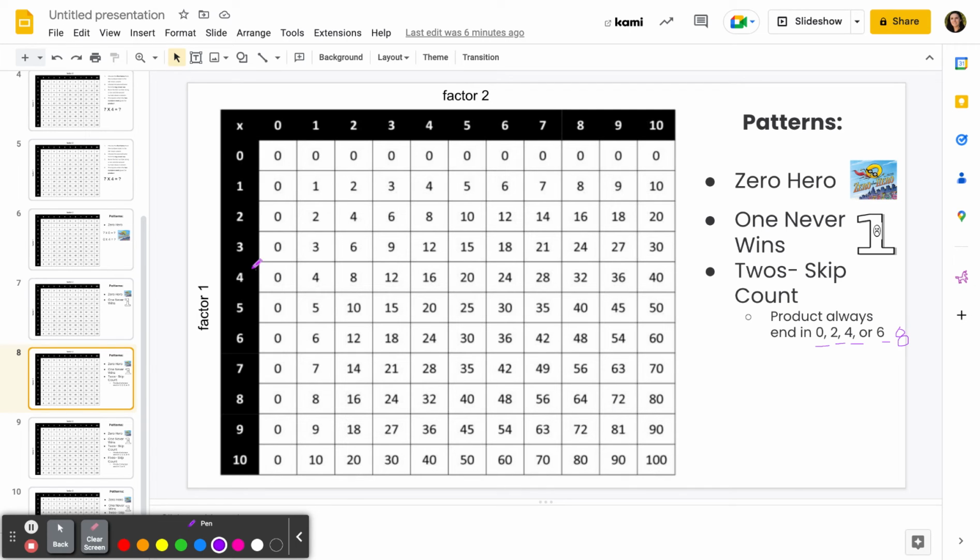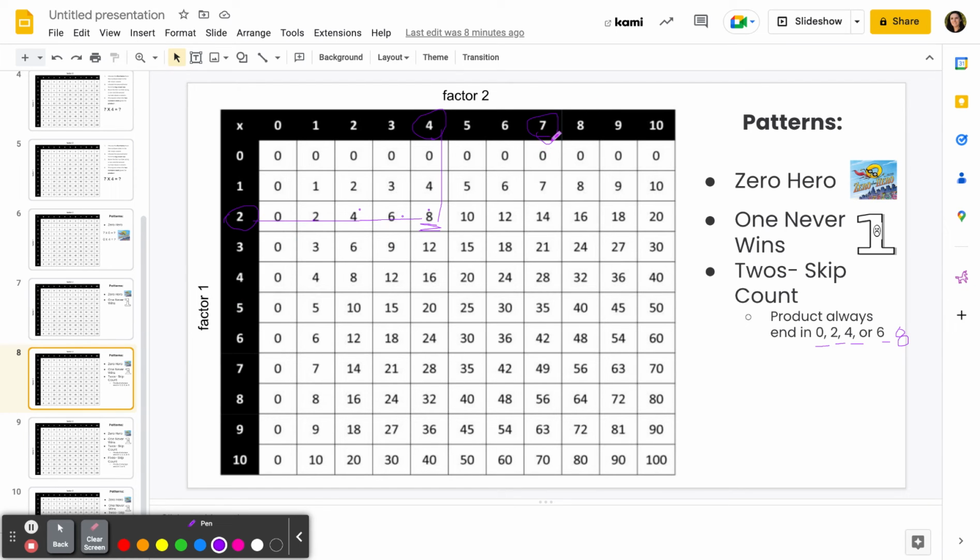So what if I do 2 times 4? If I do 2 times 4, I can skip count by 2 4 times. 2, 4, 6, 8. 2 times 4 equals 8. Let's try 2 times 7.